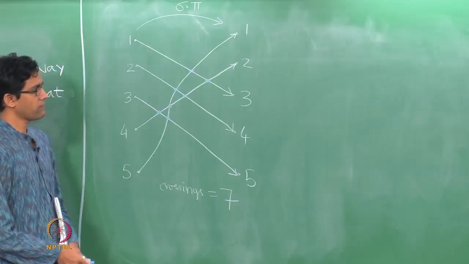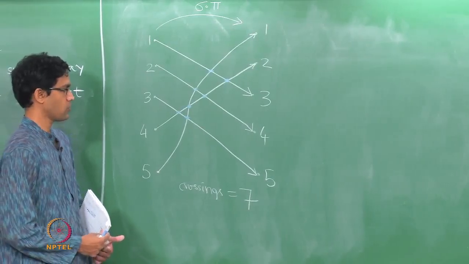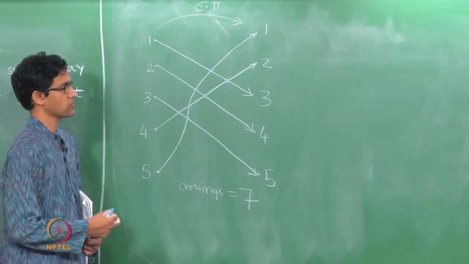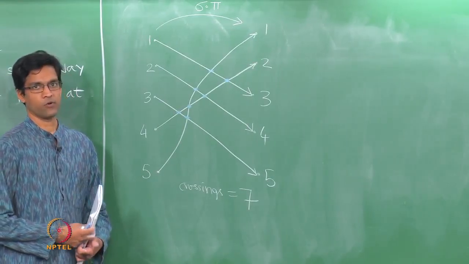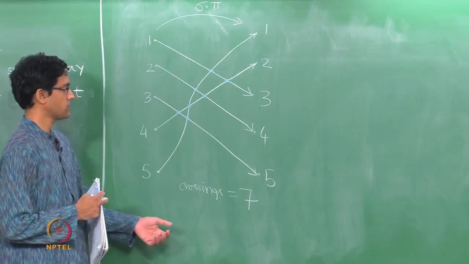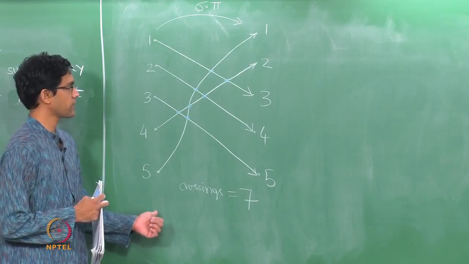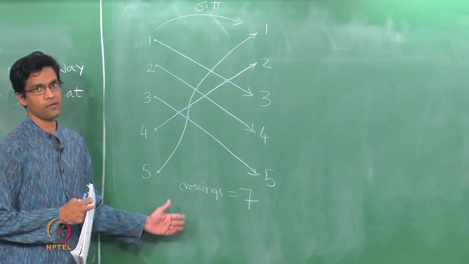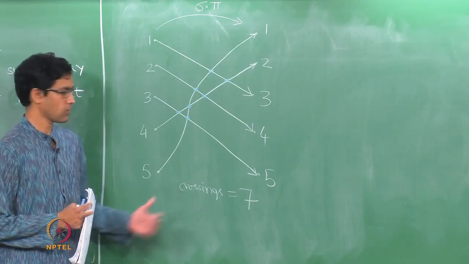Okay. So what we now have on the board are both diagrams. On the one hand we have the diagrams for sigma and pi, and we noticed they had 8 and 3 crossings, and on the other hand we have the diagram for sigma composition pi, where we notice they have 7 crossings.